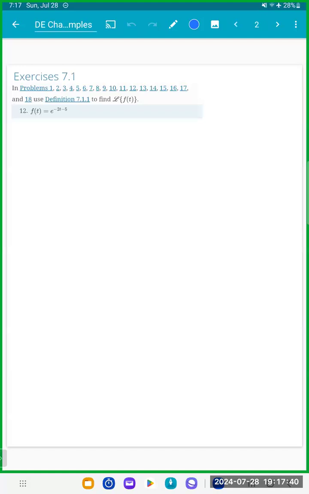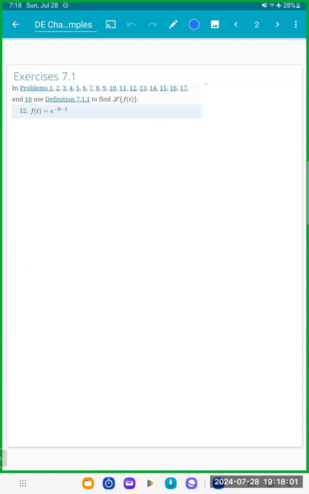Okay. So the first problem that we're going to look at comes from section 7.1. And really, we're just trying to find that Laplace transform.